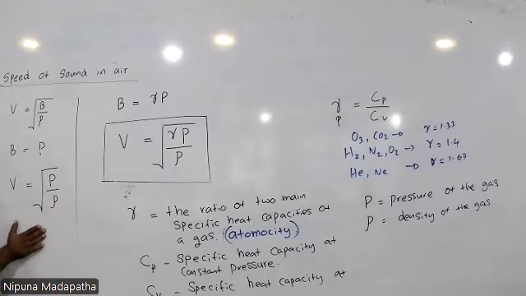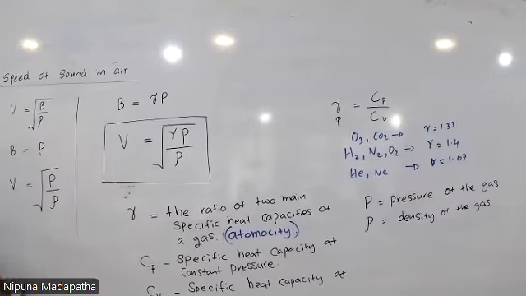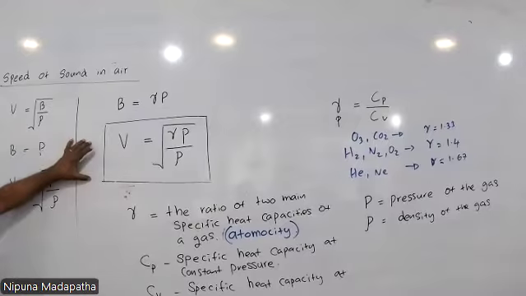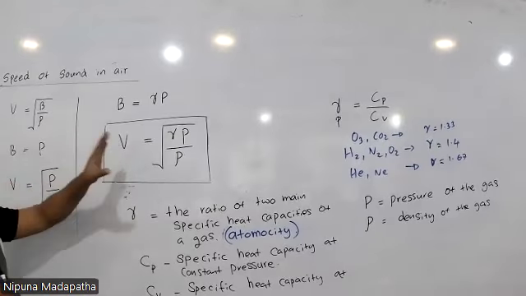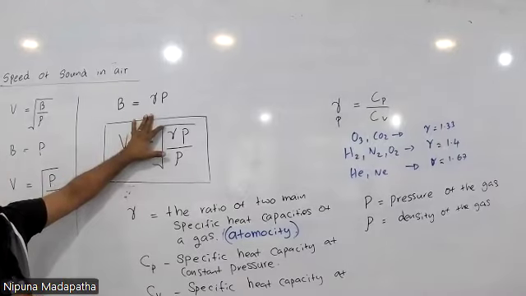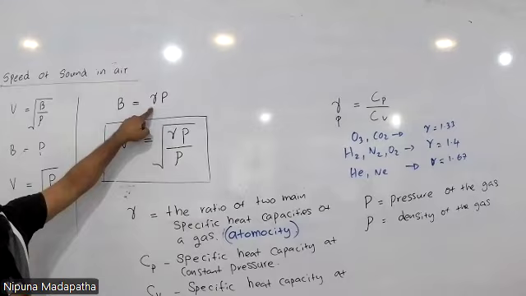Earlier they thought the process is isothermal. When the sound wave propagates in the medium, the temperature of the particle or system remains constant. That was proved wrong later. So Laplace gave a correction, stating that the process is not isothermal; it is adiabatic. In an adiabatic process, we use the symbol gamma.